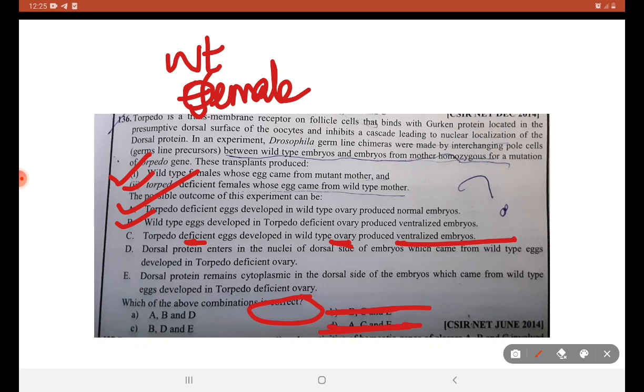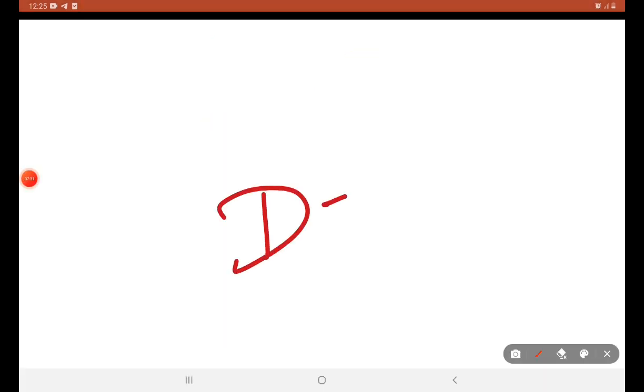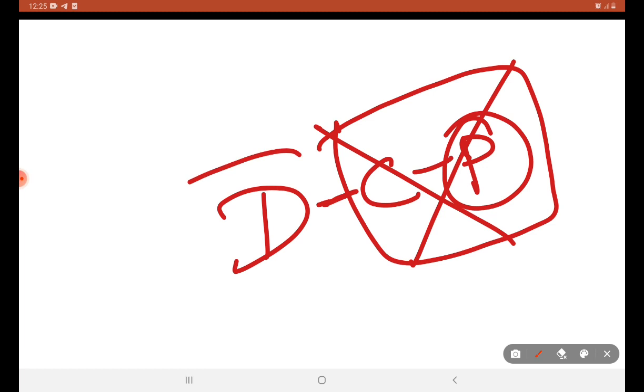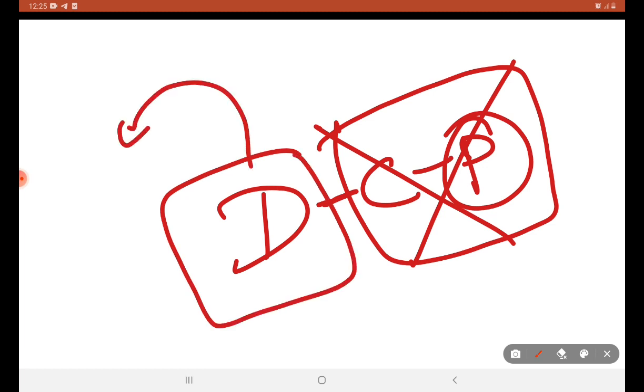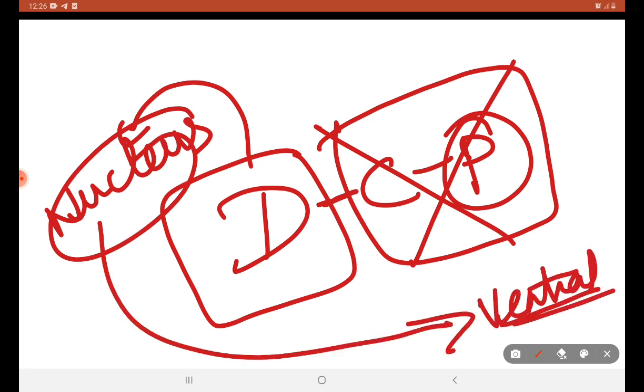Now we are going to study Dorsal protein. What is the duty of Dorsal protein? Dorsal protein will be in complex with Cactus. If Cactus is phosphorylated, this Cactus will be degraded and Dorsal protein will make an entry into the nucleus. When Dorsal protein enters the nucleus, it forms ventral. This is the concept of Dorsal protein.